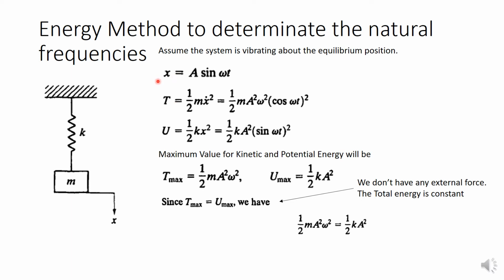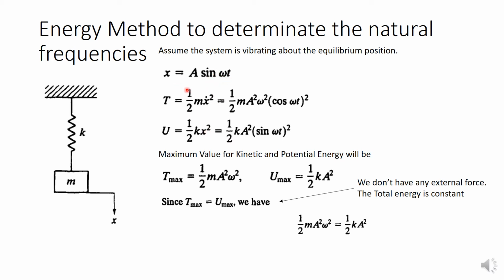So if x equals this, our kinetic energy should follow this equation. Because x dot will be A omega cosine omega t, and squared, it will become this term.